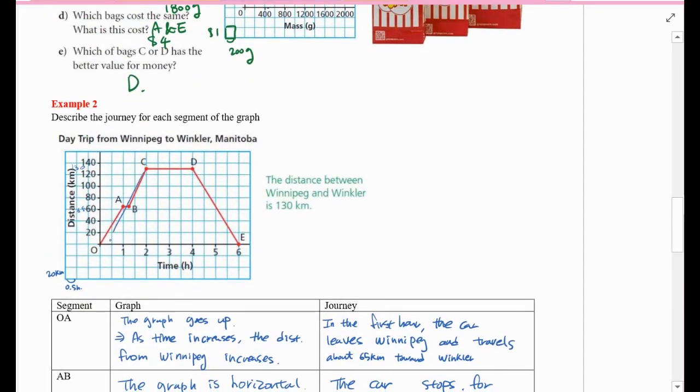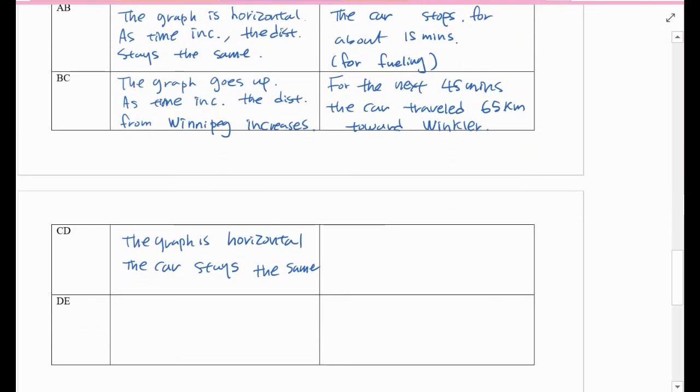Okay, so in total, the car traveled 130 kilometers from O to C point. So the distance between Winnipeg and Winkler is 130 kilometers. That means the car arrived at Winkler.